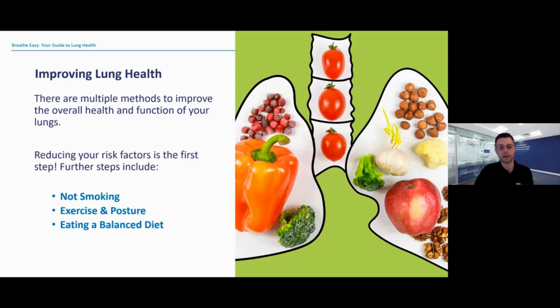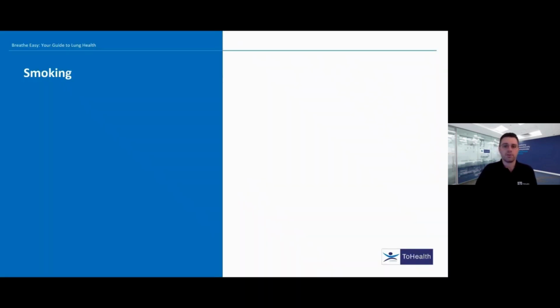The first one we're going to look at is not smoking or stopping smoking. Cigarette smoking is the major cause of lung cancer and chronic obstructive pulmonary disease. Smoking actually causes around 7 out of every 10 cases of lung cancer, so 70%. And that stat comes directly from the NHS. What we do know about cigarette smoke is that it can narrow the air passages and make breathing more difficult.